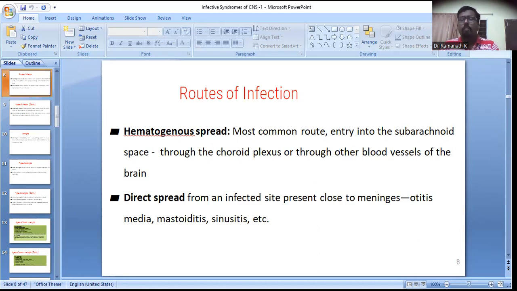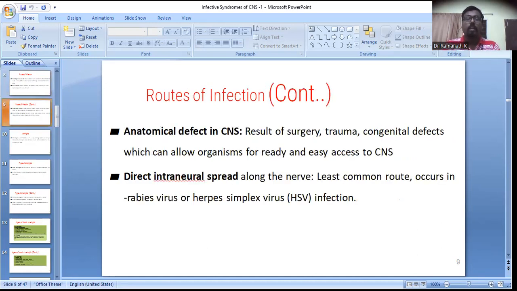Sometimes the infective agents can enter directly into the meninges, which is because of infections present near the central nervous system, which include otitis media, mastoiditis, and sinusitis, where there will be direct spread of these bacteria or other agents into the brain.